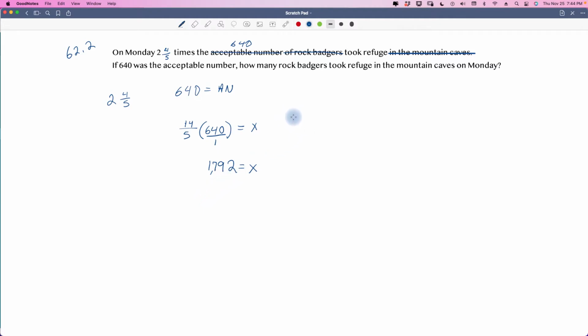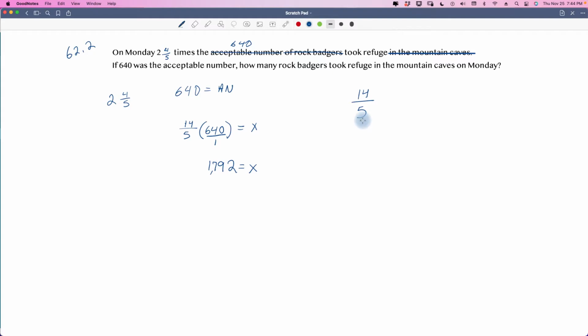All right, so the other thing that we would do is we would use it as a proportion. We would take our fraction, which is 14 over 5. 2 times 5 is 10 plus 4, 14 over 5. That's our ratio.